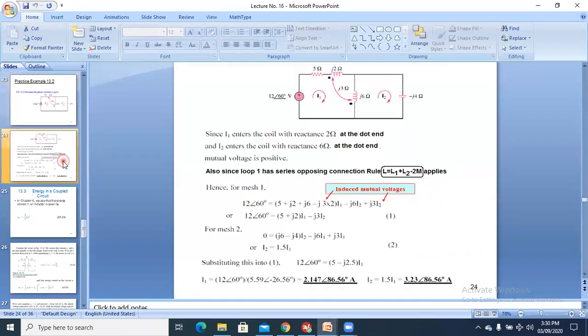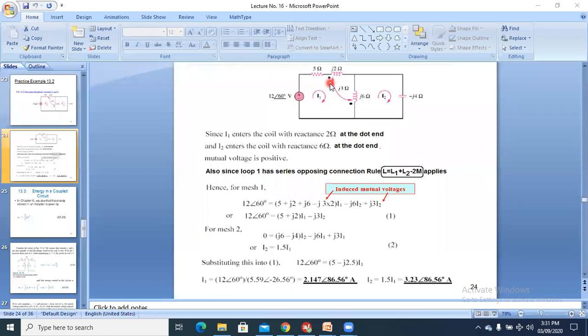So for this, we know that the current I1 enters the dot, right?